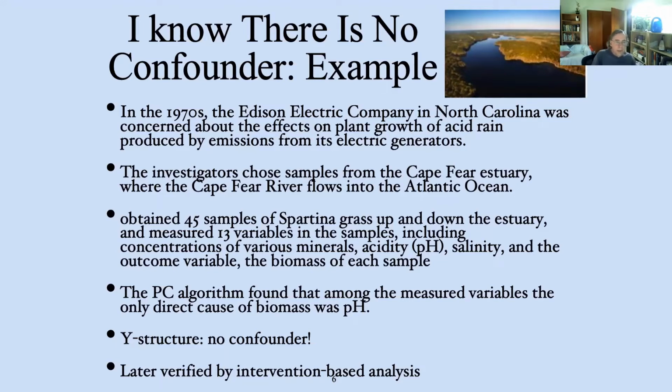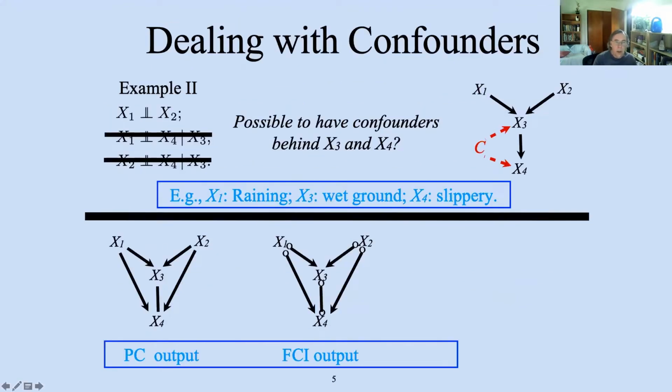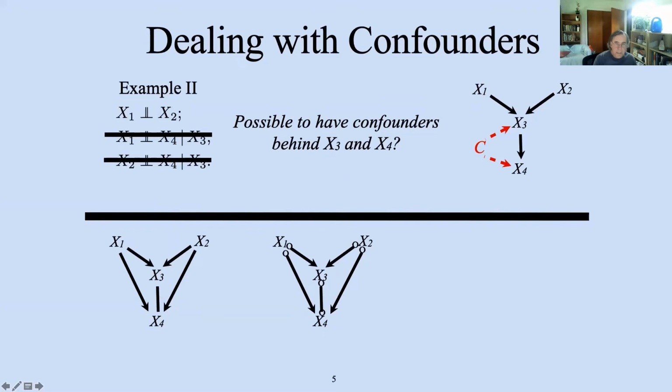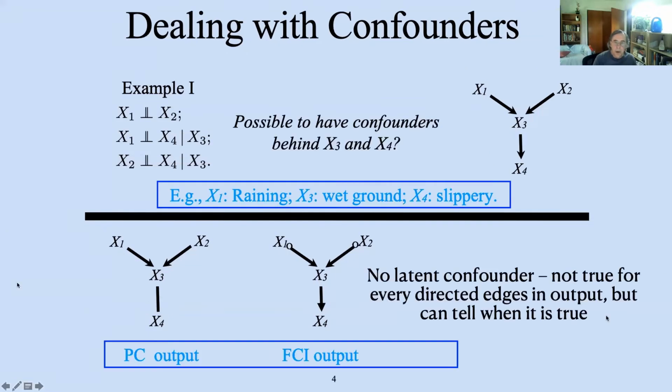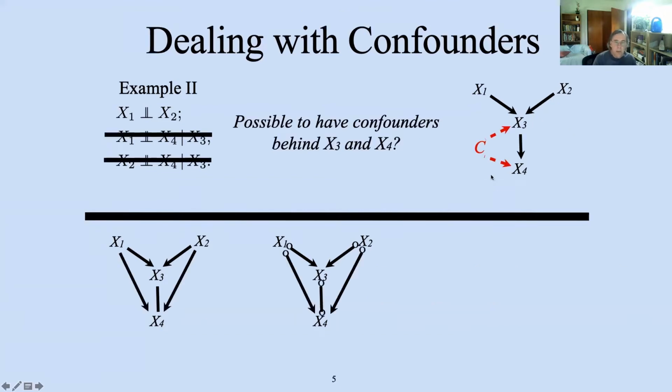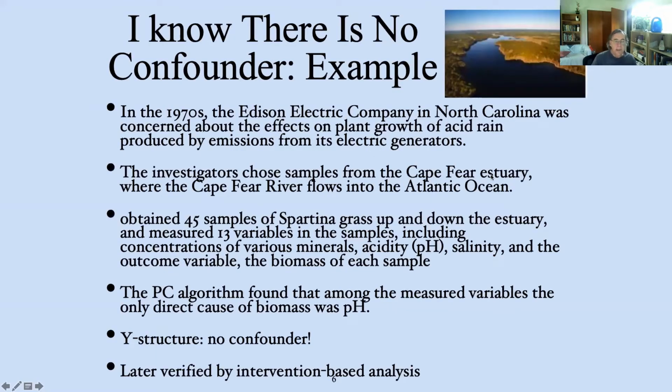If you run this through PC, you find that, as a matter of fact, the only direct cause of biomass was pH, because it had one of these what we call Y structures, which looks like a Y. From that, we were able to conclude that pH was a direct cause of the growth, and it was not confounded.